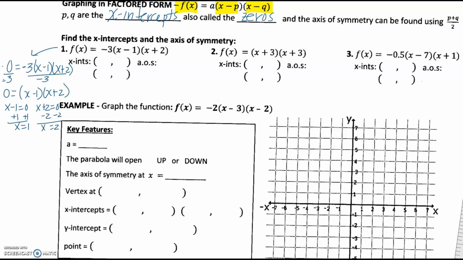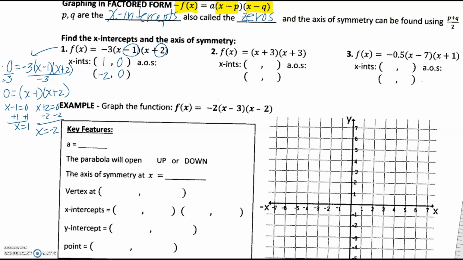So the x-intercepts are 1, 0 and -2, 0. I wrote it really close together. So you're just going to take the opposite of those.